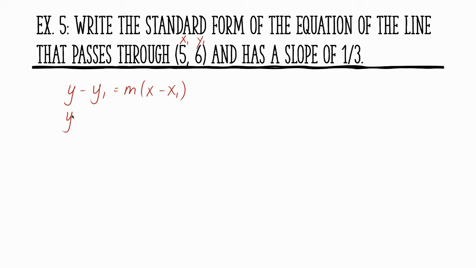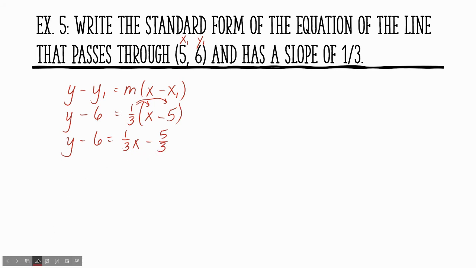So my y is going to be, we're going to leave it as y. y1 is 6 equals, my slope is 1/3, and we leave x as x, minus x1 is going to be 5. So my next step is I'm going to distribute. This is 1/3 x minus 5/3.